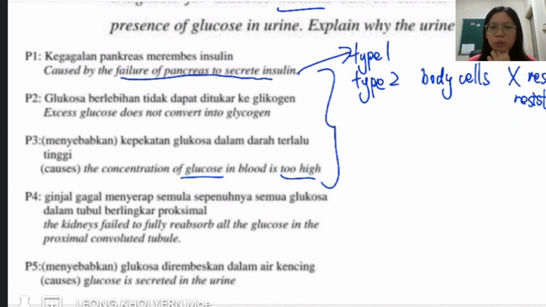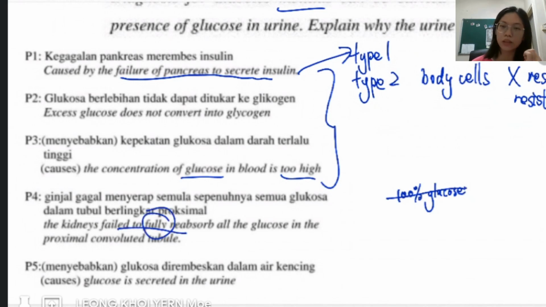And then we can mention what happens in the nephron, which is the proximal convoluted tubule. In a normal situation, glucose will be 100% reabsorbed. But now it fails to be fully reabsorbed in the proximal convoluted tubule.